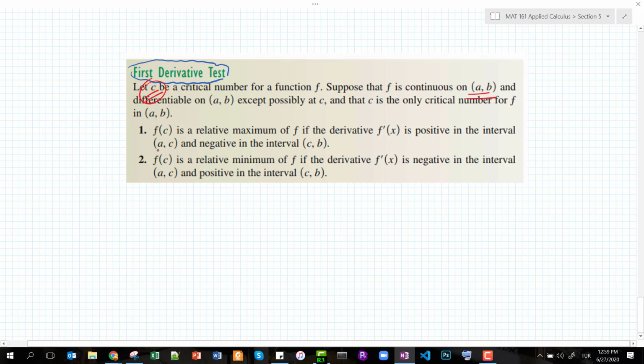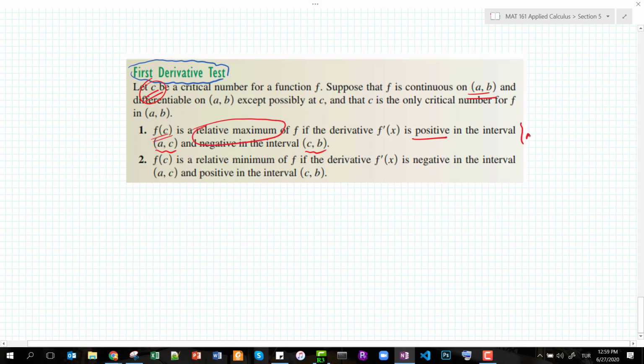You see, if the derivative of your function is positive in this interval, and then negative in this interval, you are going to say that your function will have the relative maximum at that f of c, correct?